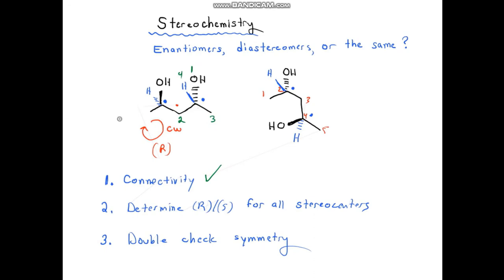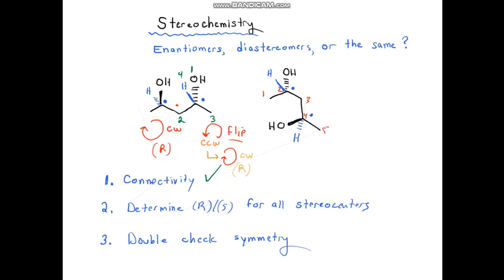So this is going 1, 2, 3. It's actually going counterclockwise, but here our hydrogen is a wedge. So our hydrogen is actually in the front instead of being in the back. So we need to flip it to go the opposite direction. And so if this starts off being counterclockwise, we flip it to clockwise, which makes it R. So this is RR, okay?